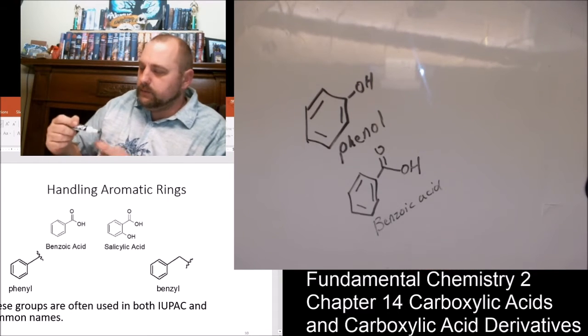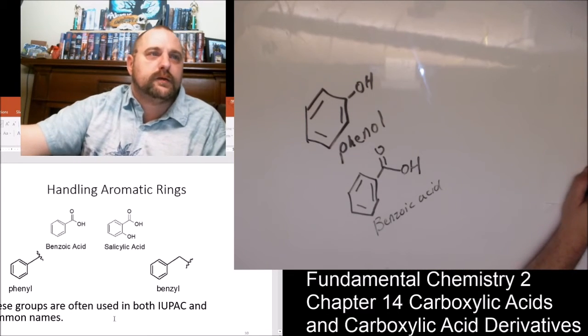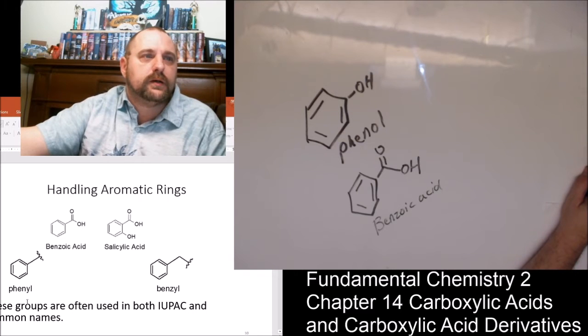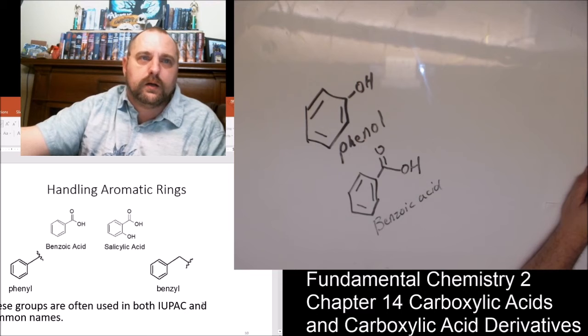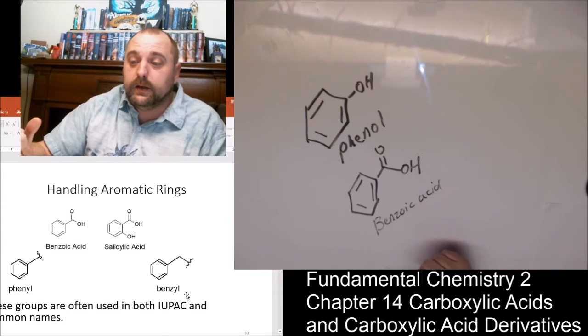just want to memorize it, and the easiest way of telling is how it is named. You've got a phenyl group when a benzene ring is a side group, and a benzyl group is when we've got that one extra carbon here. So that extra carbon is what we're turning into our carbonyl. Alright, so we use them in IUPAC and in common naming.